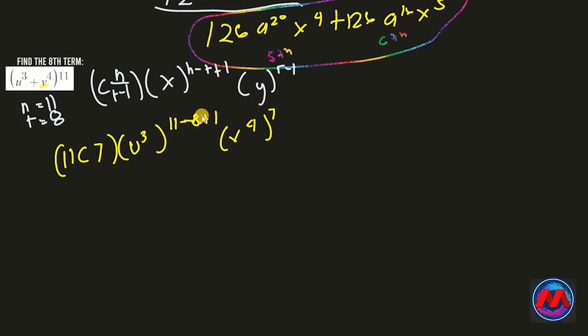So solving that, calculator, 11 shift divide 7 is equals to 330. That's u cubed. 11 minus 8 is 3 plus 1. That's 4. This is x. V pala yun. That's v. Sorry.